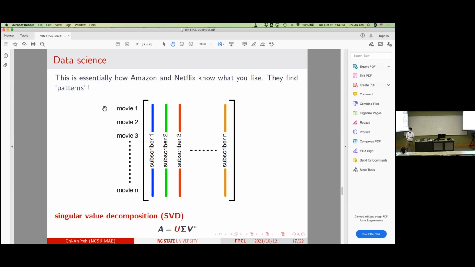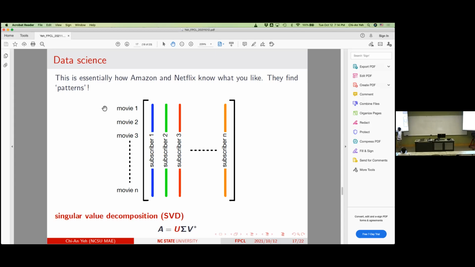That's the idea. And if you like romance, you probably have some tendency to like drama as well. Hey, that's the pattern. So when people keep checking what they like and dislike, this pattern gets stronger and stronger. They can pull out this pattern through this thing called singular value decomposition. I'm not trying to throw out the equation for you, but this is essentially how it works.